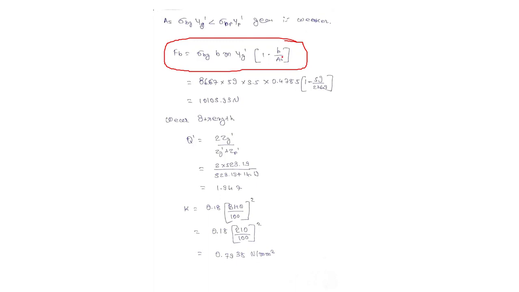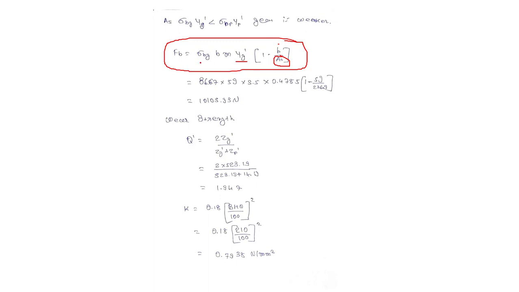We don't have slant height, so we have to find it. We don't have the value of B, it will be derived from A0. We don't have YG dash, so we will find it from the Lewis form factor using the standard formula, or from the standard data book.